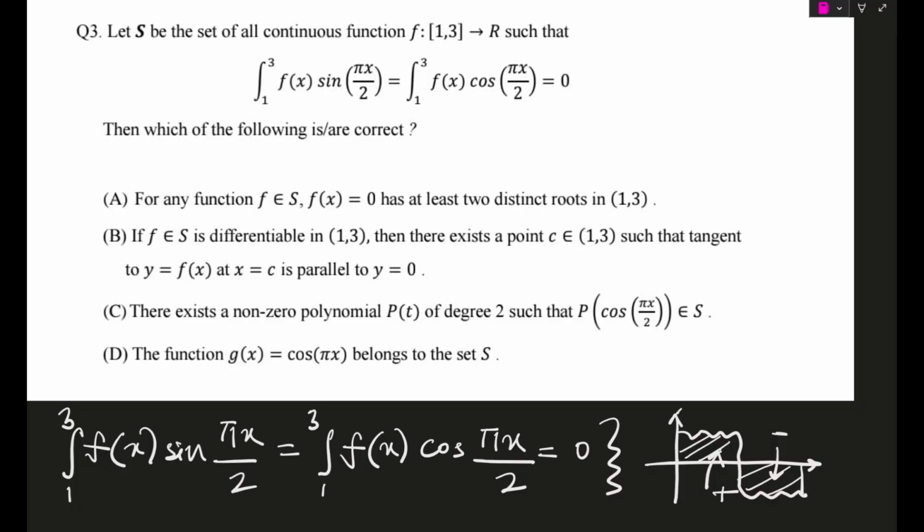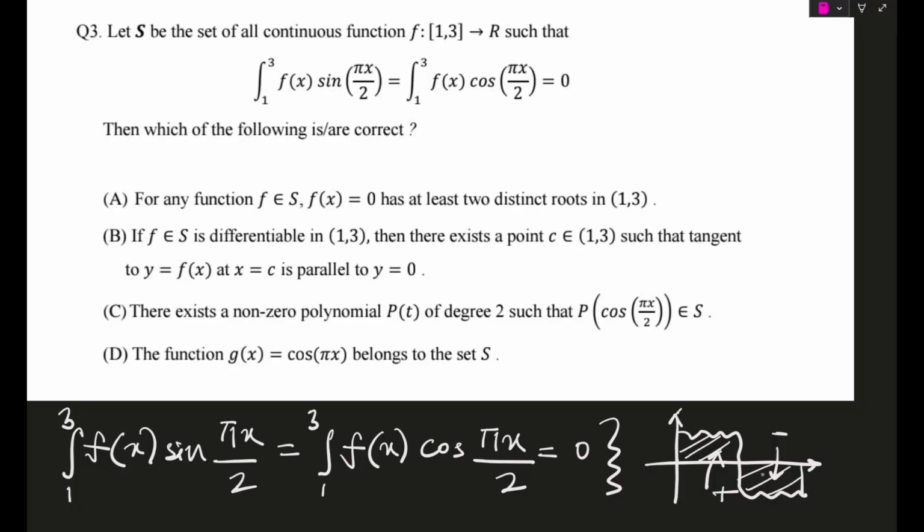That basically means that if these two integrals are vanishing, then between 1 to 3 they have changed signs from positive to negative. If they have changed signs from positive to negative between 1 to 3, it implies that they have to cross the x-axis at least two times.